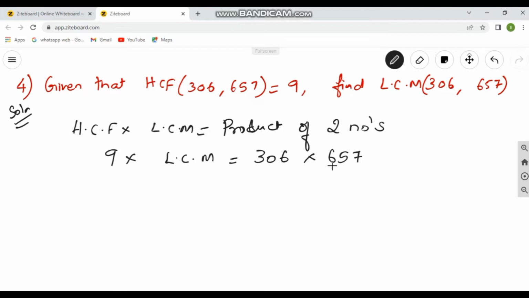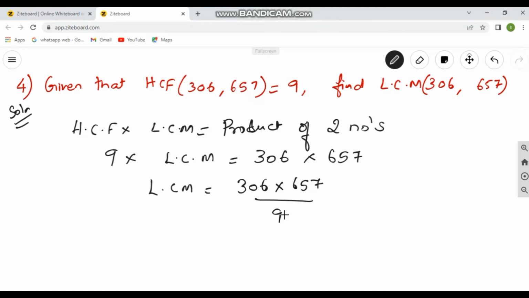Since the word product of two numbers is there, we are multiplying these two numbers. So 306 into 657. Now LCM is equal to 306 into 657 divided by 9. This multiplication part will become division part. Okay, so now let us cancel this.